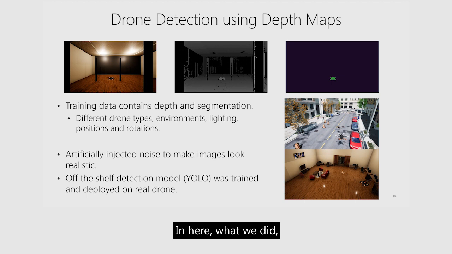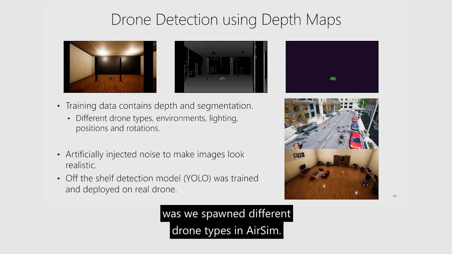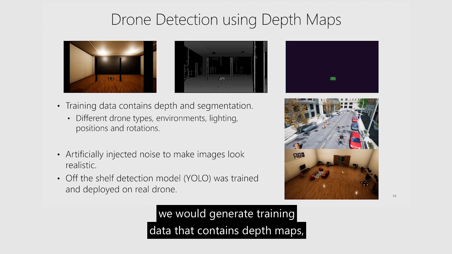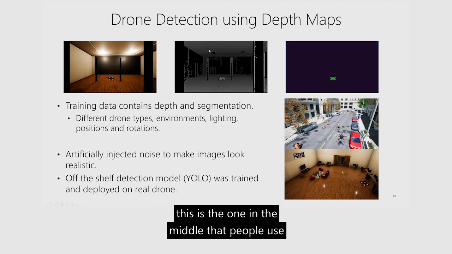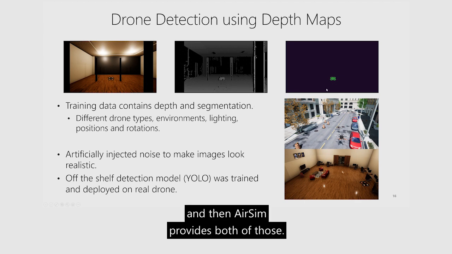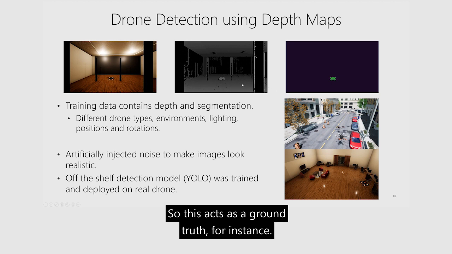In here, we spawned different drone types in AirSim. The idea was that for each of these drones or environment types, we would generate training data that contains depth maps, which is the one in the middle, that we will use for the final testing. And for each depth map, there is a corresponding segmentation map. AirSim provides both of those, so this acts as a ground truth.